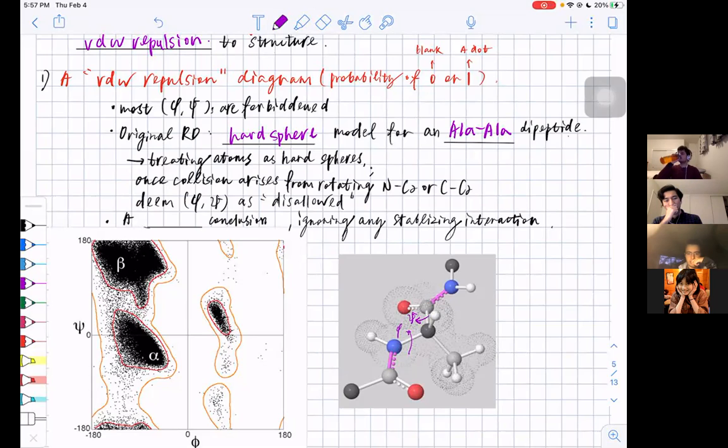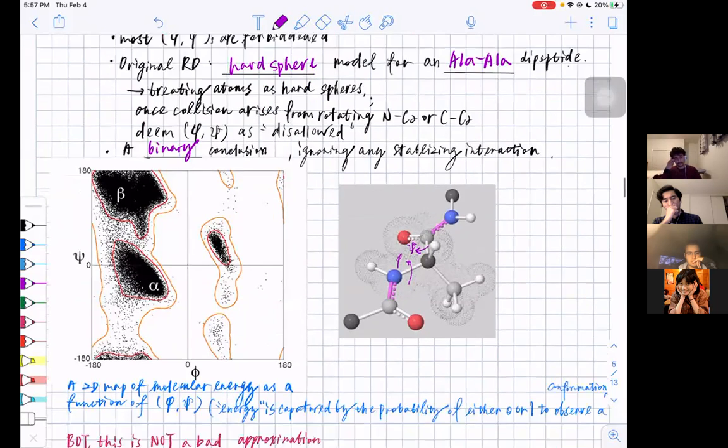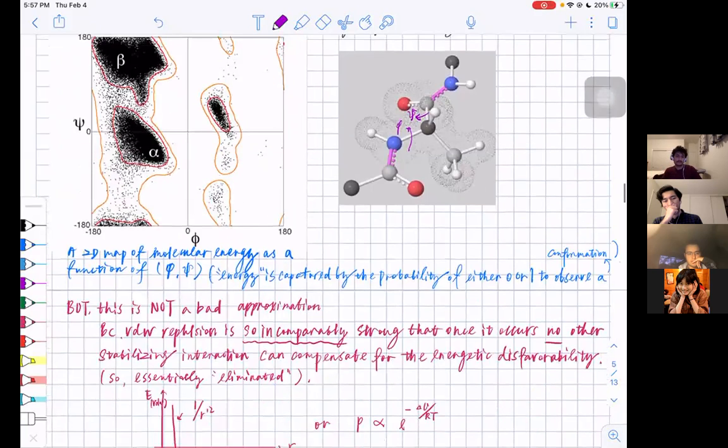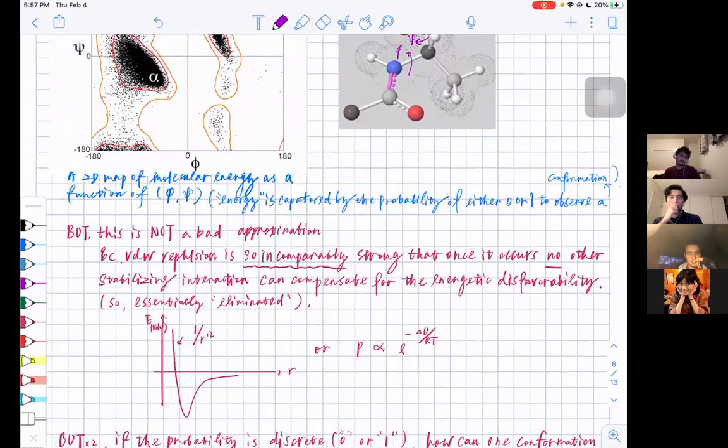So the conclusion is really a binary one, where the chance to observe a conformation is either 0 or 1, ignoring all the other stabilizing interactions. But this approximation is not a bad one, because van der Waals repulsion is so strong that the other stabilizing interactions that Ramachandran ignored cannot compensate for this energetic disfavorability.